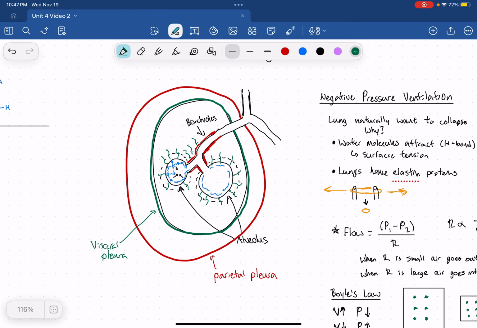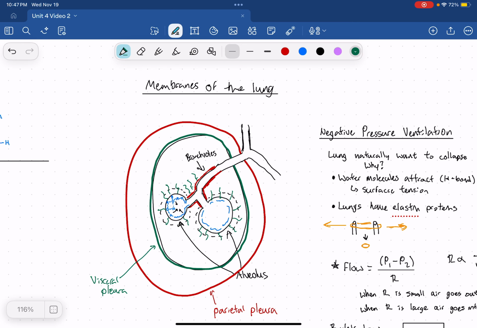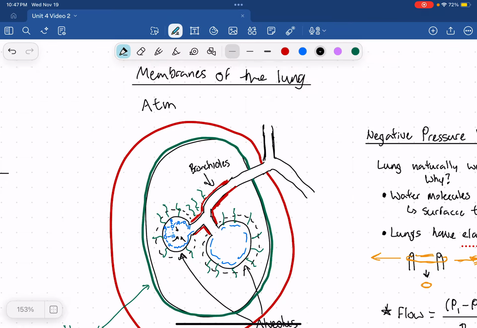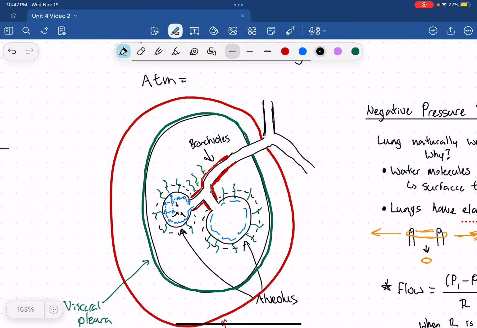And so I'm going to refer to everything here. Let's say out here, out in the air, the atmospheric pressure (ATM) is 0. Within the alveolus, let's say the pressure within the alveolus is -1.